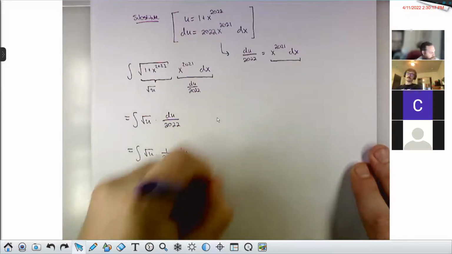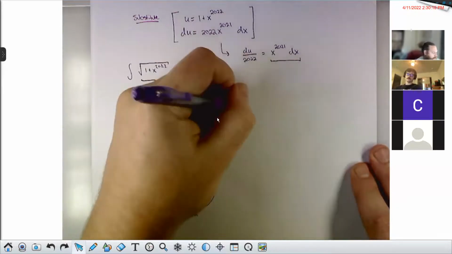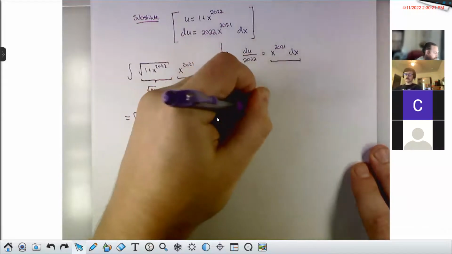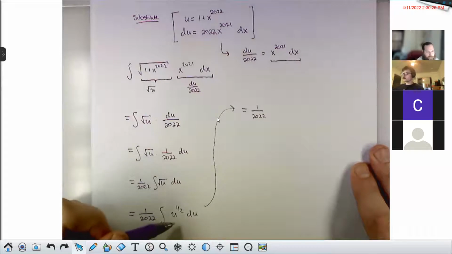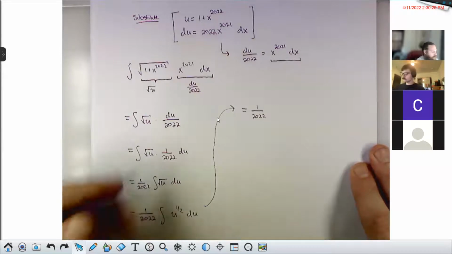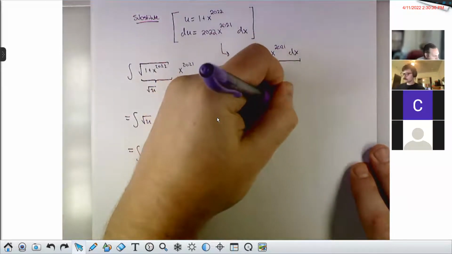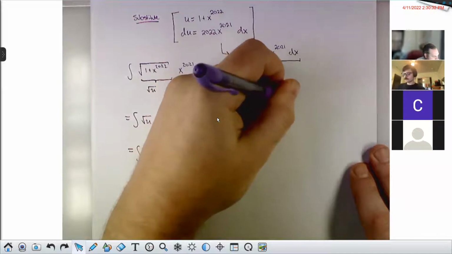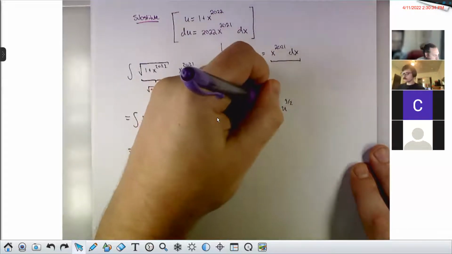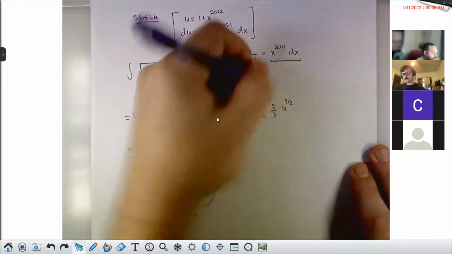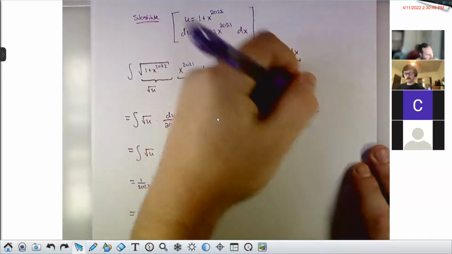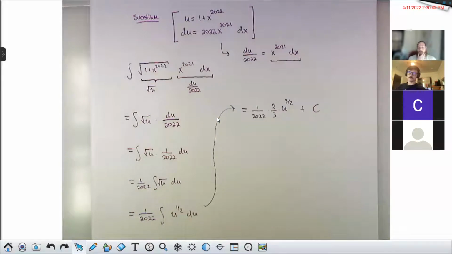And then that's 1 over 2022. This is now a power rule thing, just thinking of u as the variable. If I add 1 to that power, I'll get u to the 3/2. And if I divide by 3/2, that's the same as multiplying by 2/3. So we have this.